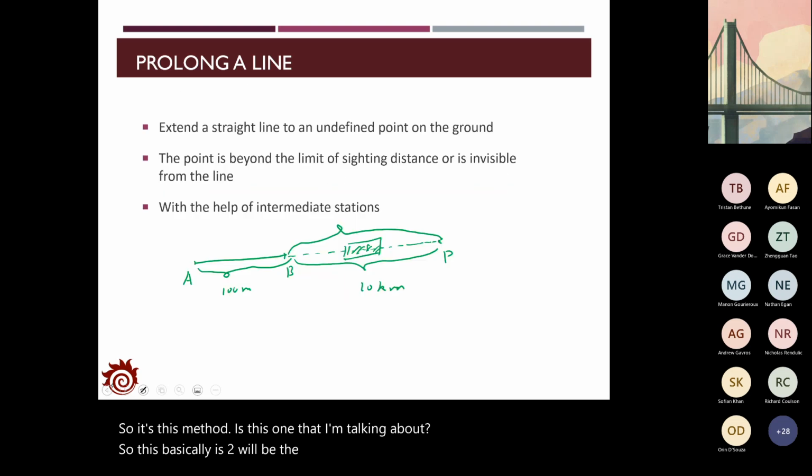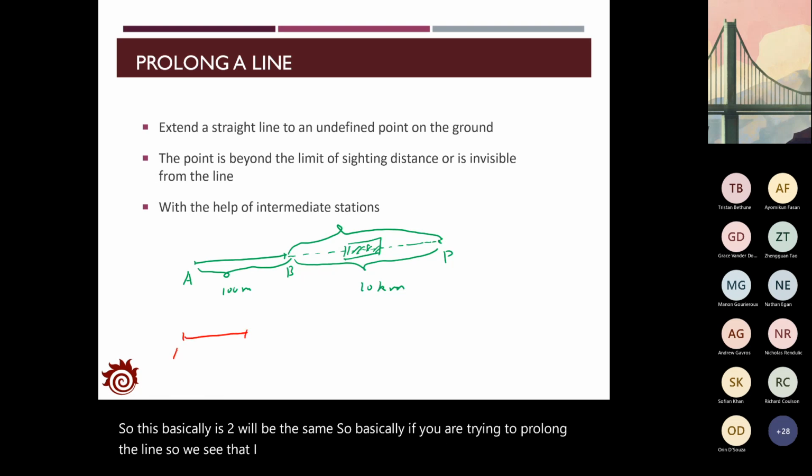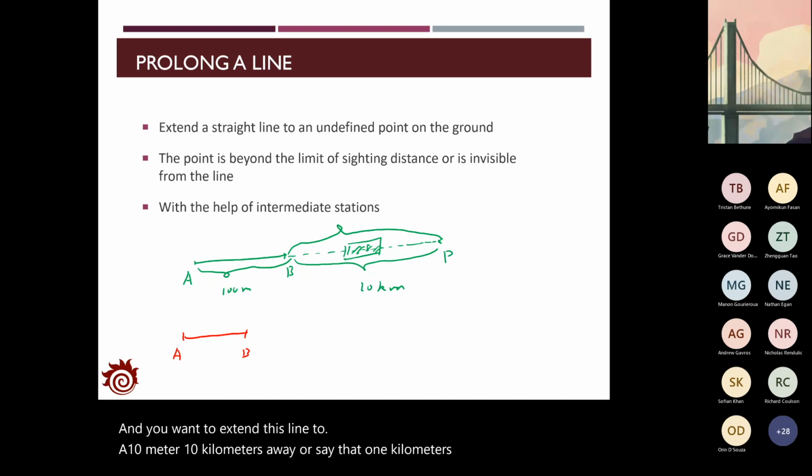Basically, if you are trying to prolong a line, say you are assigned a task, given a line A to B, and you want to extend this line to like 10 kilometers away, or say 1 kilometer away, but your tape will only measure every 100 meters.